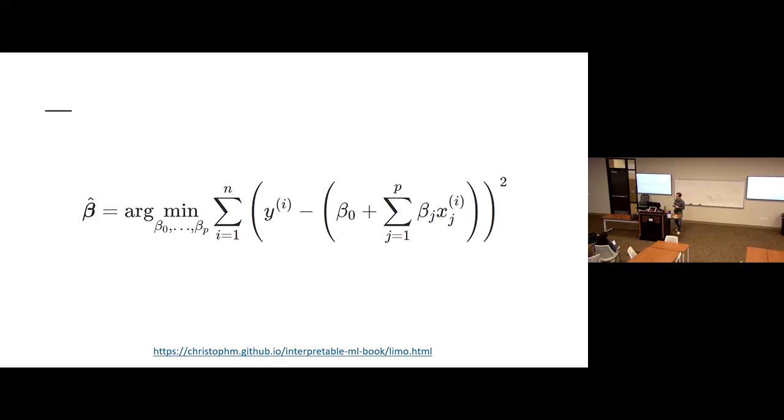You're right. If you don't take the square, you can use absolute value. You probably will get the same solution, but squaring penalizes a large error more in your overall loss. That's right.